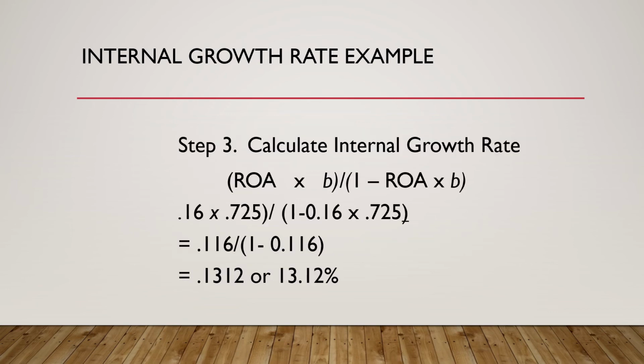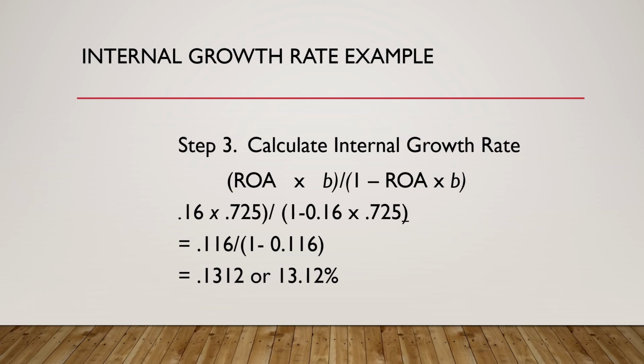Now we have the two variables we need to calculate our internal growth rate. As you saw before, the formula is return on assets multiplied by the plowback ratio, B, divided by 1 minus the return on assets times B. In this example, I've worked out some of those numbers.